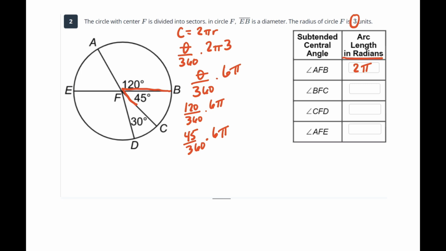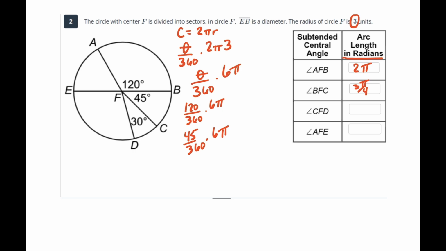So we'd have to reduce and go to the video from yesterday, which tells you fractions in your calculator. So that decimal you can convert back to a fraction, and it'll give you 3/4, and that pi you would put up there with your 3. So 3 pi over 4. Please go back and look at how to do the fractions in your calculator.